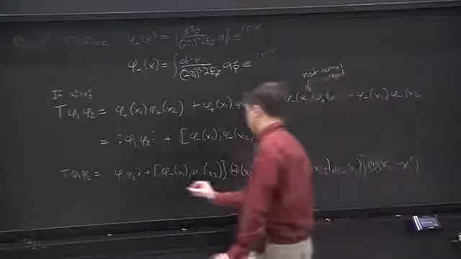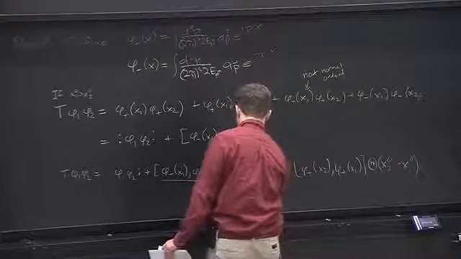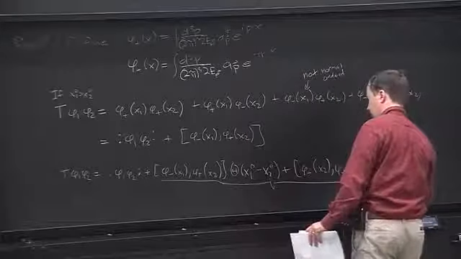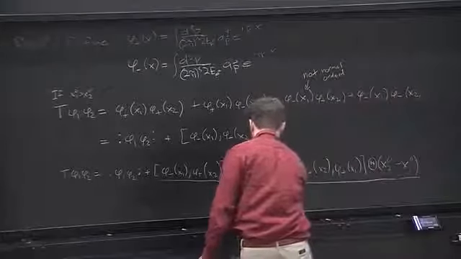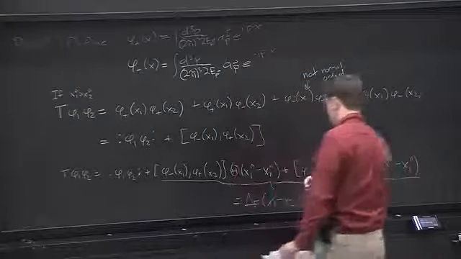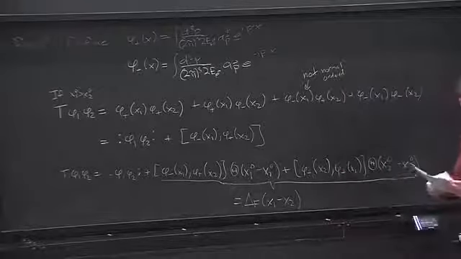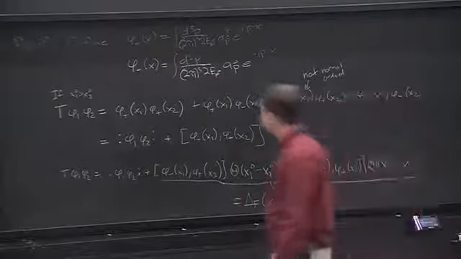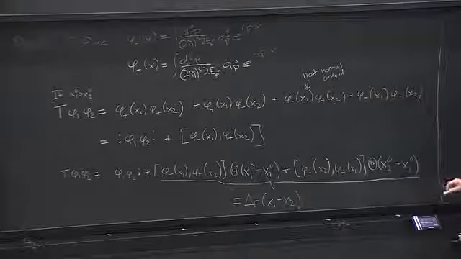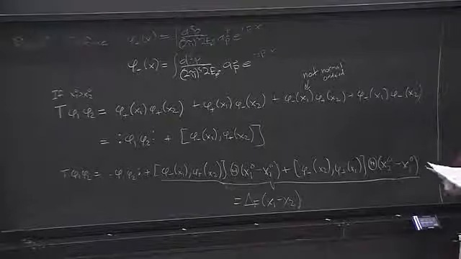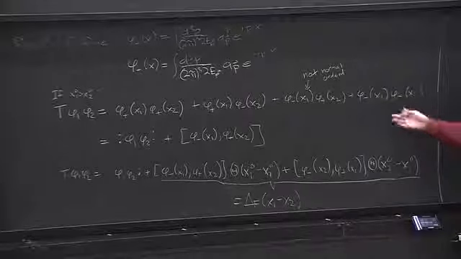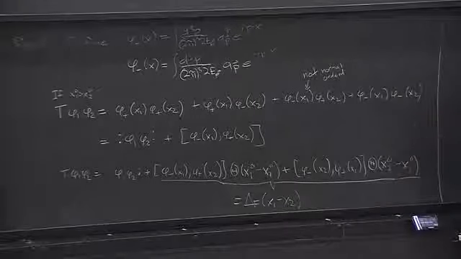And a claim that we'll justify later is that this long expression here is equal to the Feynman propagator of x1 minus x2. Okay, and so that's a proof for the case of two fields.